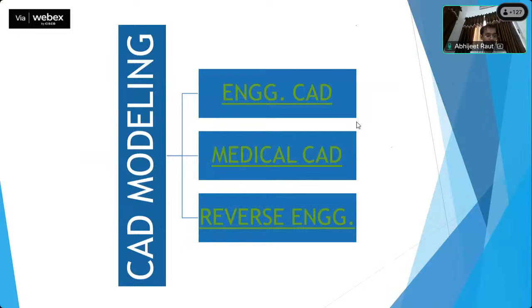CAD modeling is also used in other fields, like sculpturing, where you need to replicate antique things, or in automobile companies, to get the CAD model of an older chassis or any automobile component.